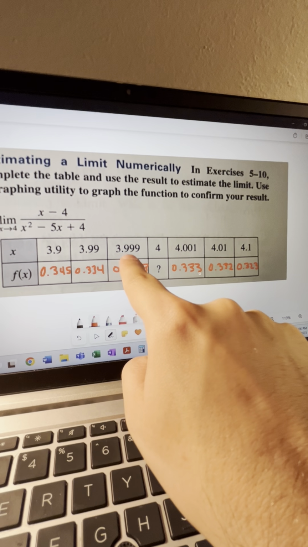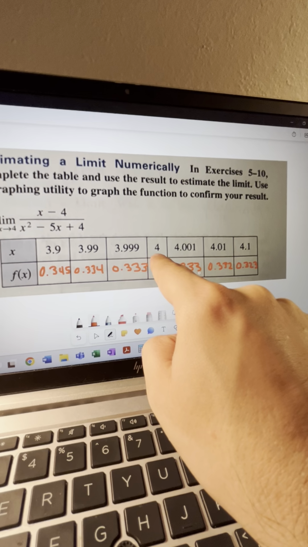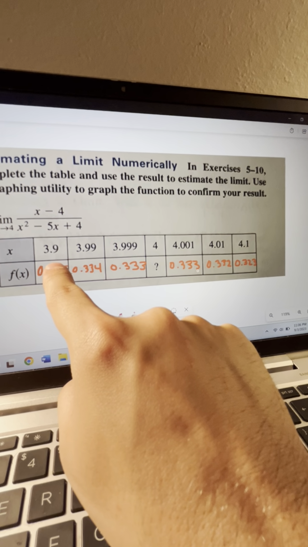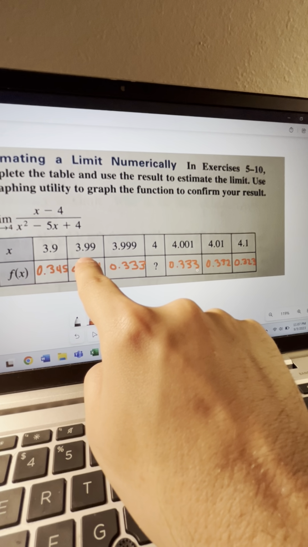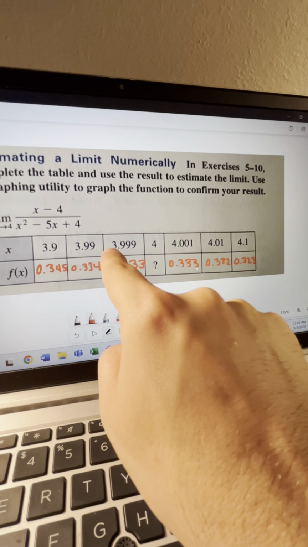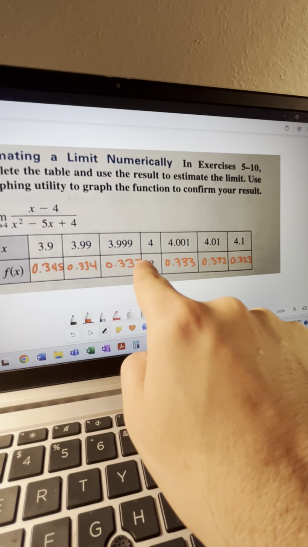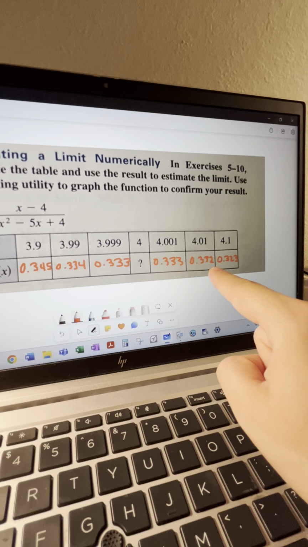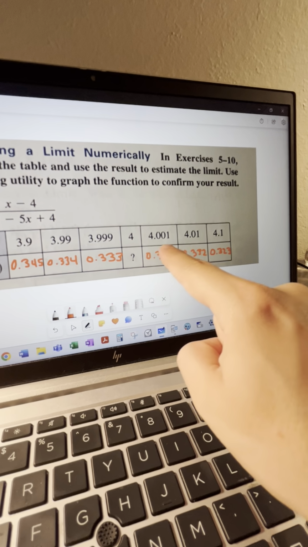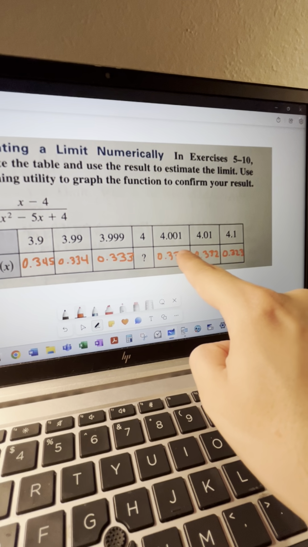Keep in mind that 3.999 is really, really close to x equals 4. So as we're going from 3.9 to 3.99 to 3.999, what y value are we approaching? Same thing on the right hand side, starting from 4.1, going towards 4. From the right hand side, what y value are we approaching?